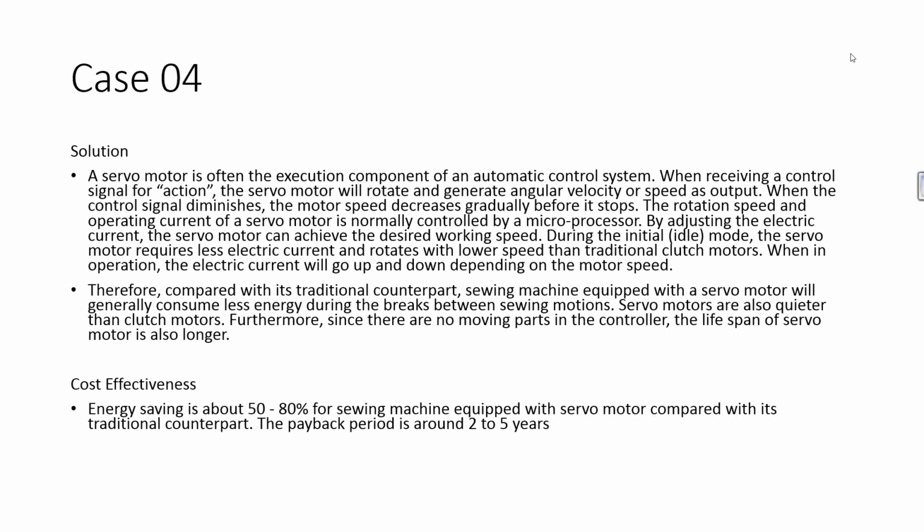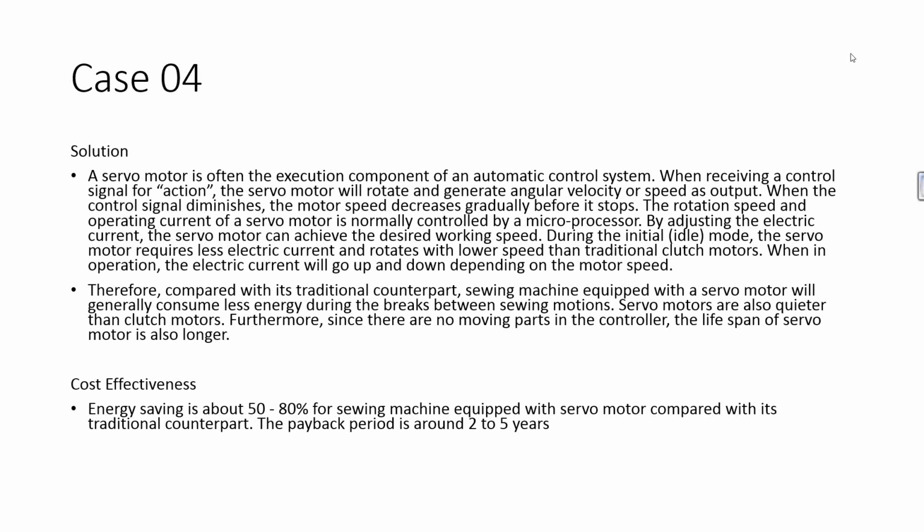During the initial idle mode, the servo motor requires less electric current and rotates with lower speed than traditional clutch motors. When in operation, the electric current will go up and down depending on the motor speed.